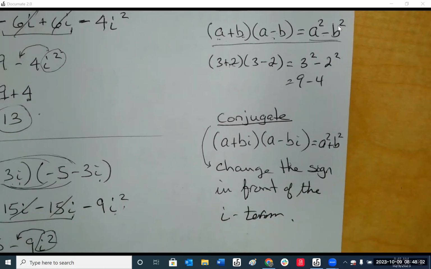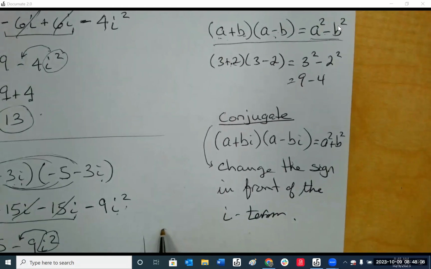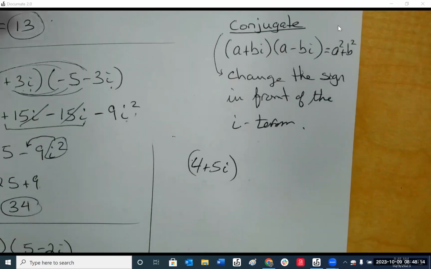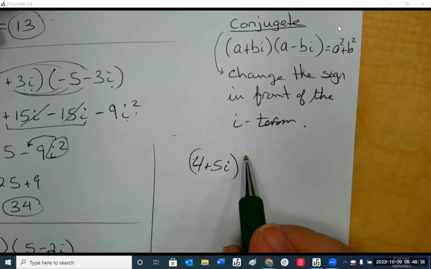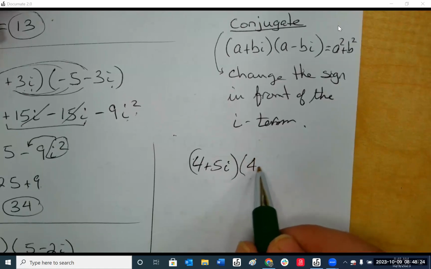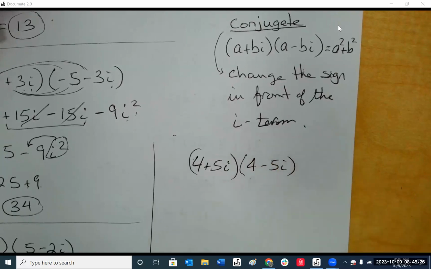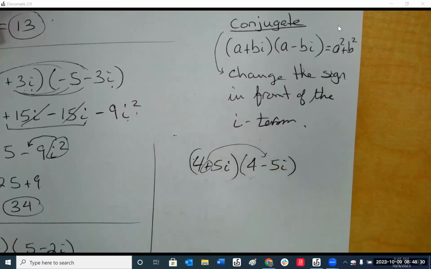That's all the conjugate is. So if I gave you 4 plus 5i, what would its conjugate be? All you have to do is just change the sign in front of the i. That's it.